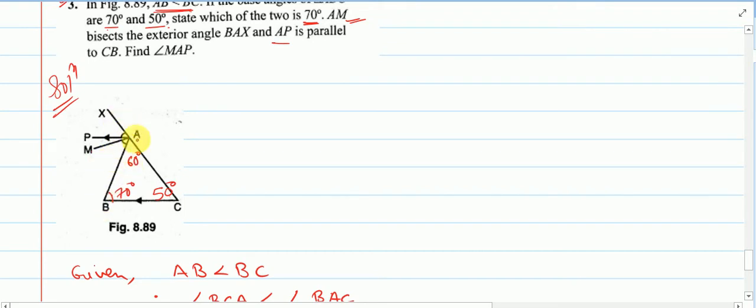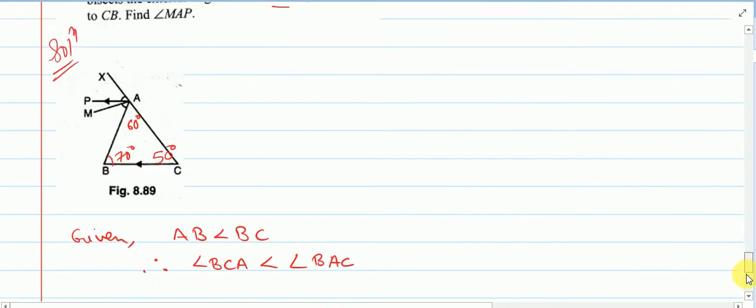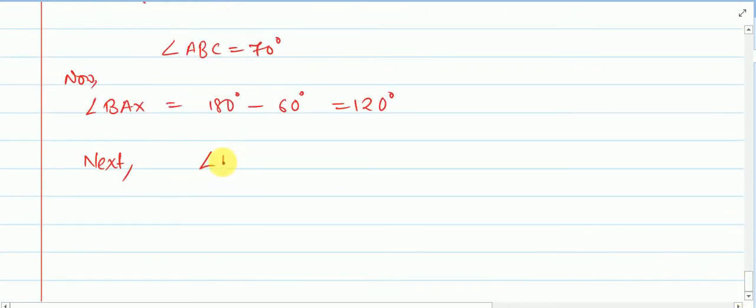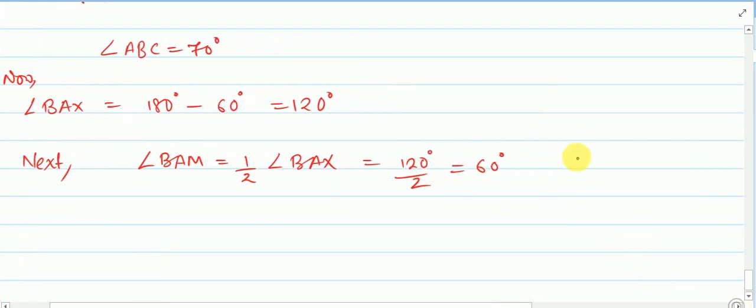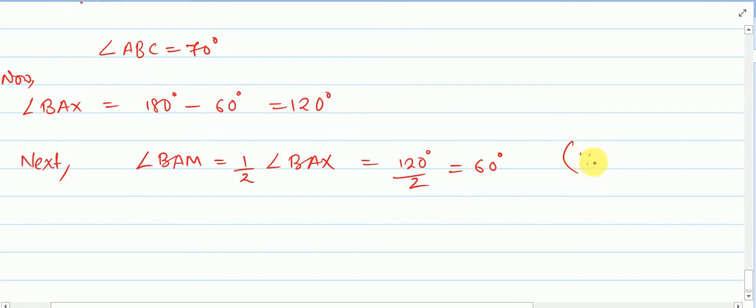Why? Because AM is the bisector. Angle BAM is equal to half of angle BAX, that is 120 degree divided by 2, that is 60 degree. Reason is, since AM bisects angle BAX. So this much is done.